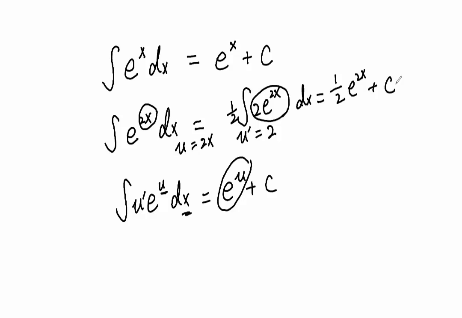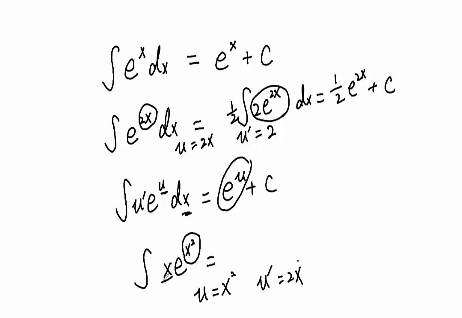We also discussed one problem before, when we have a function which is e to the x squared. It doesn't really matter what we have, we always set up our exponent to be our u. Our u is x squared. Now u prime is 2x.